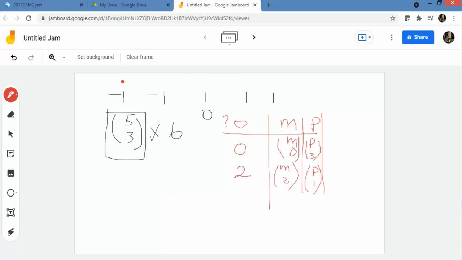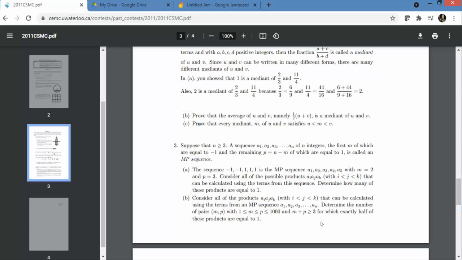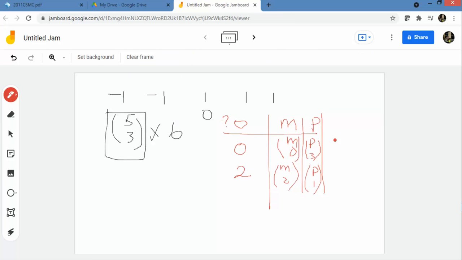The question asks us to determine the number of pairs for which exactly half of these products equal 1. So it's half. This one is the possibility, right? And you can do 1 minus P choose 3.